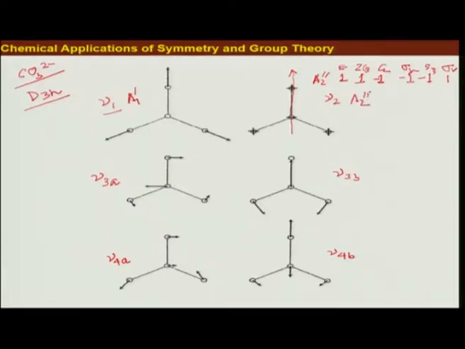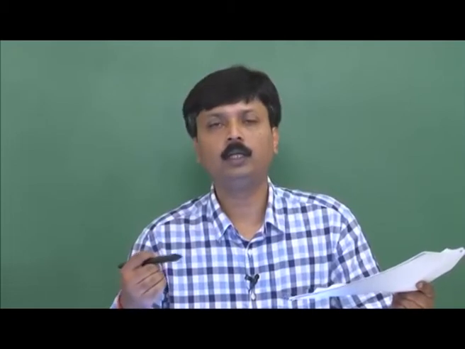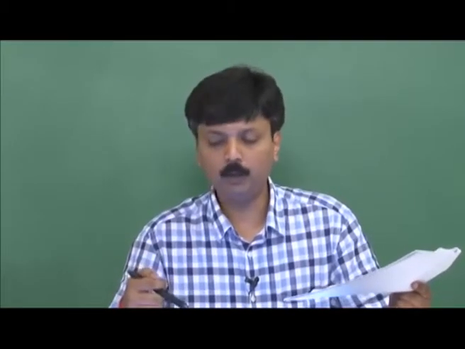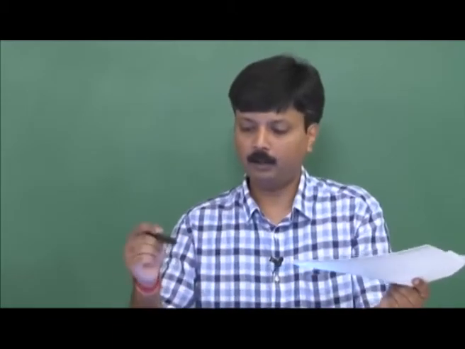So in this way we can keep going on. So here, this nu 3A and the structure corresponding to nu 3B actually together form the basis for the irreducible representation E prime. That can be shown, and we will show that real quick shortly.